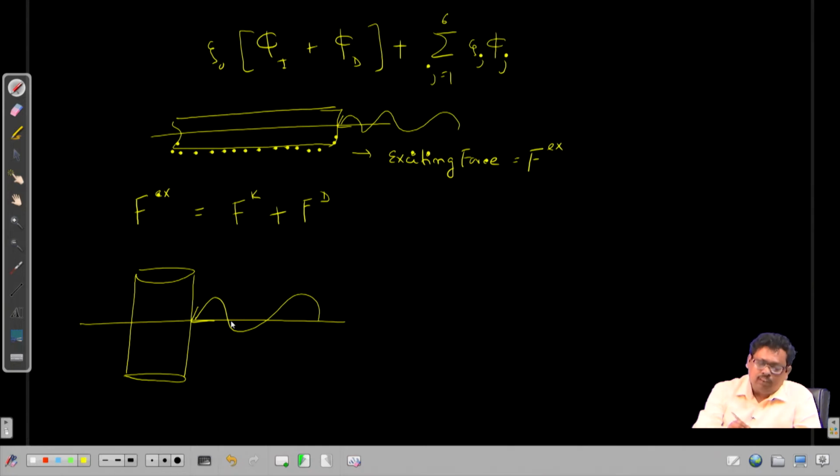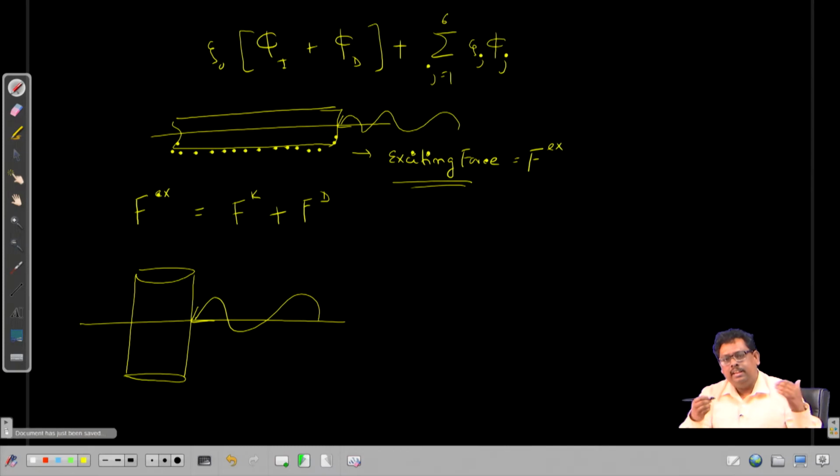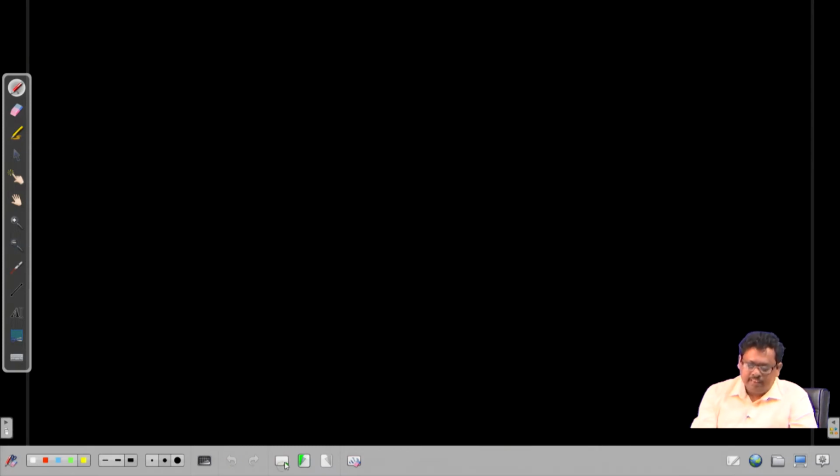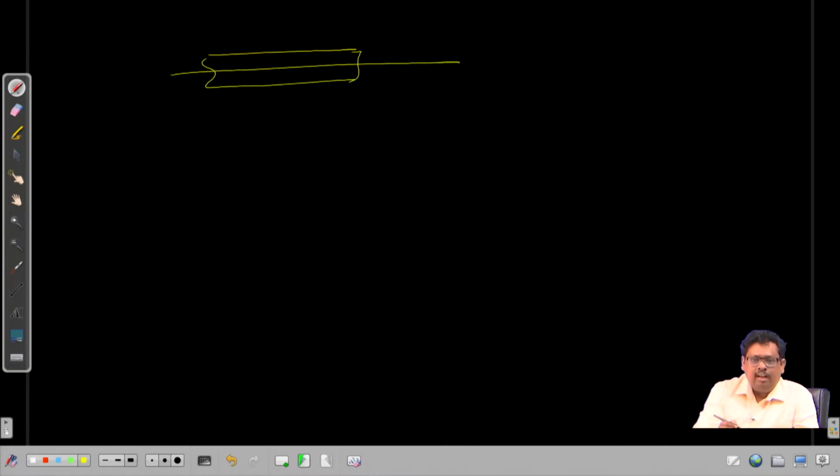Now, what is happening when this exciting force is applied over the ship is that the ship starts oscillating. Now, when the ship starts oscillating, we can have a different set of waves. What is that? Now, assume that initially this ship is statically stable, weight is balanced by the buoyancy and everything is fine.